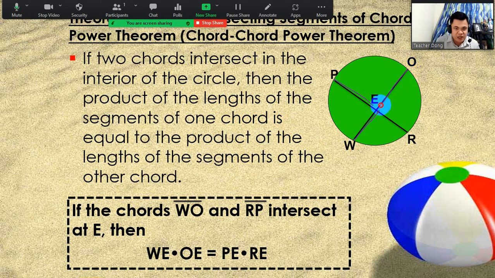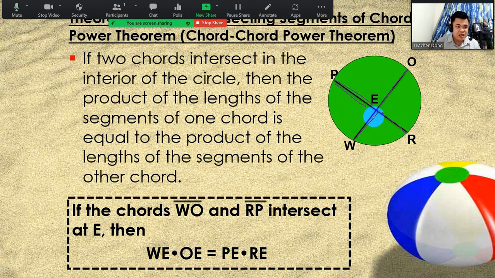You just multiply the portions of the chord: segment WE times segment OE is equal to the product of the portions of the other chord, segment PE times segment RE. Again, you just multiply the portions of one chord, which equals the product of the portions of the other chord.